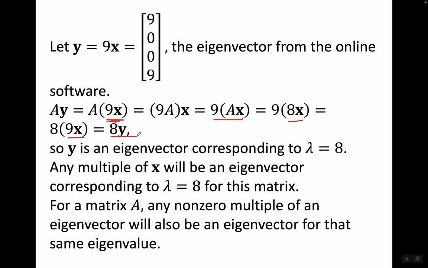So that just equals 8y. Notice this: Ay equals 8y. So y is an eigenvector corresponding to lambda equals 8. Any multiple of x will be an eigenvector corresponding to lambda equals 8 for this matrix. For matrix A, any non-zero multiple of an eigenvector will also be an eigenvector for that same eigenvalue.